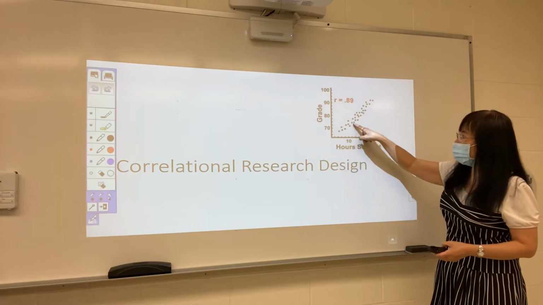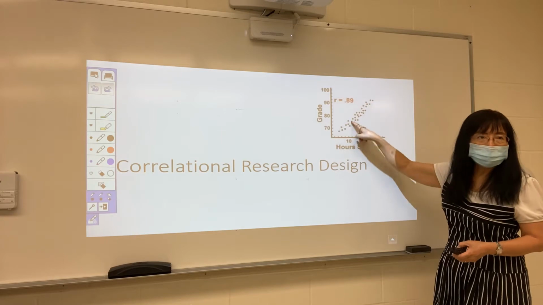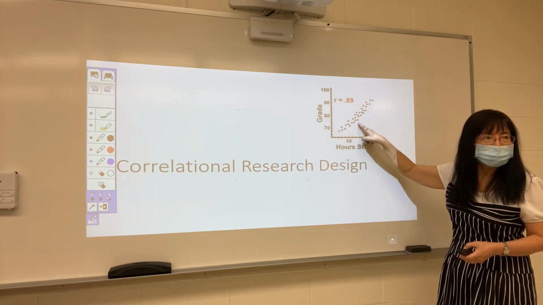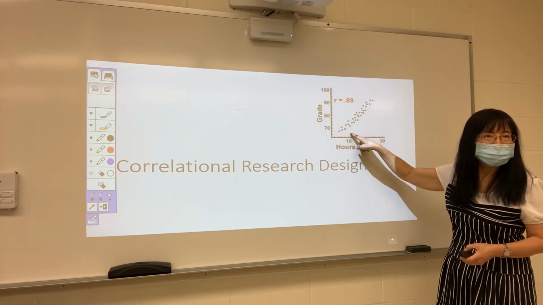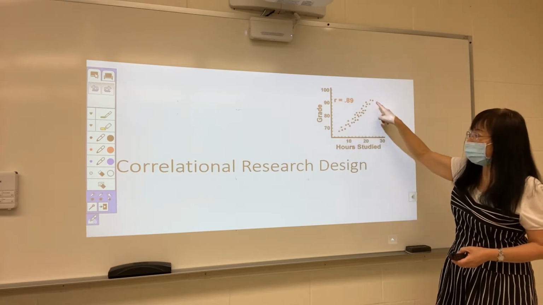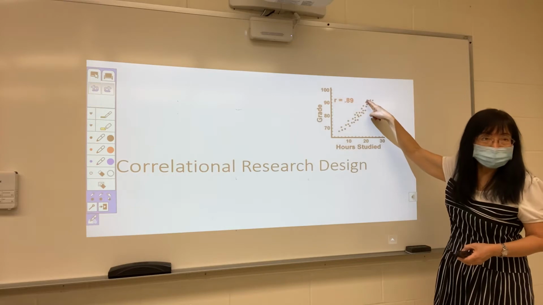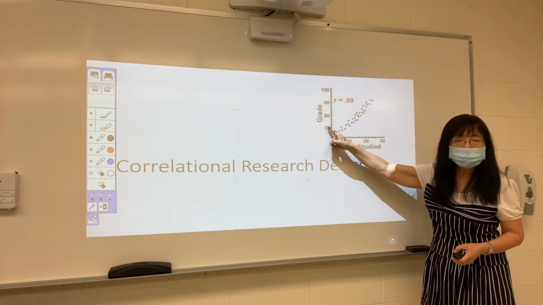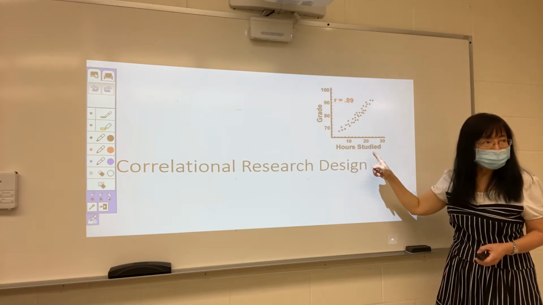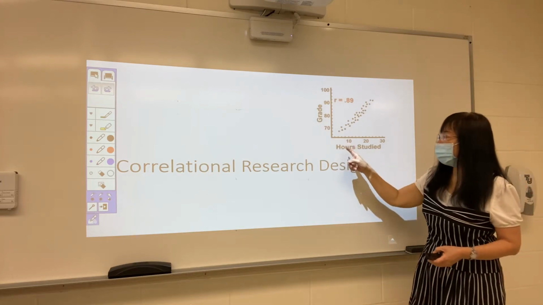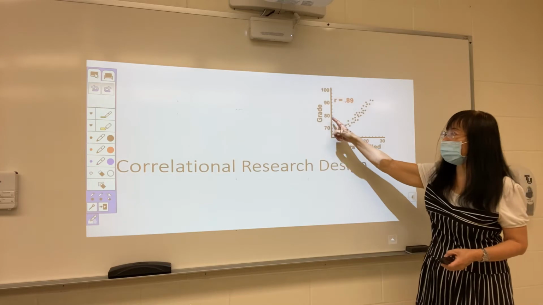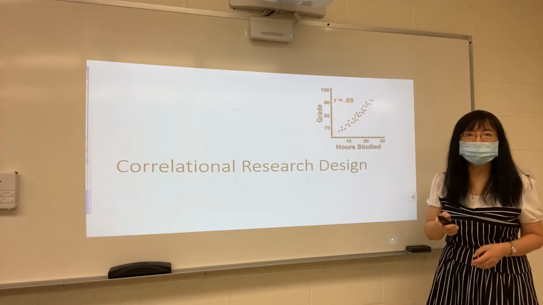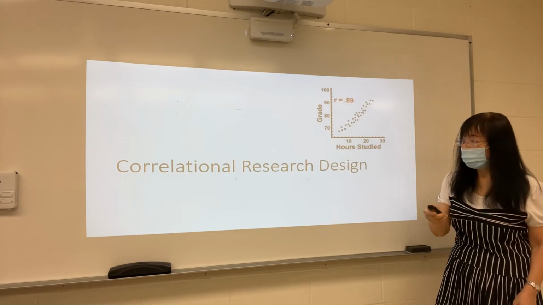If you see a chart like this, is it a positive correlation or a negative correlation? This means positive. You can see they study about grades and hours of study. It means if you study more, your grade is higher, and they say R equals 0.89. So that means positive correlation.